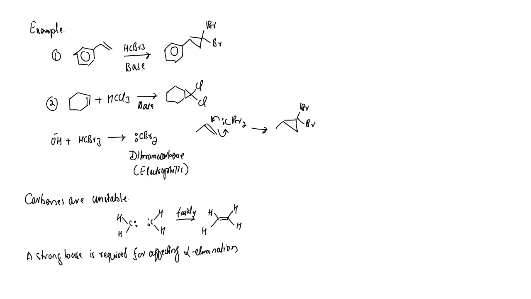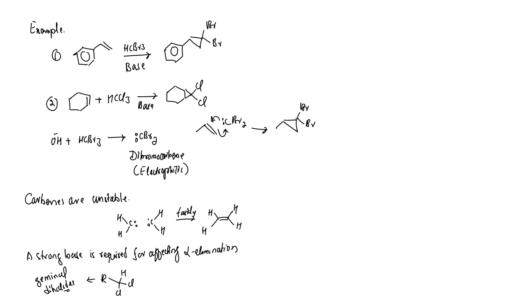Even for example, instead of haloform, we can have an example like this. So if we have this, this is known as vicinal dihalide. For example, if we have two halogens linked to the same carbon atom, such molecules are known as geminal dihalide.